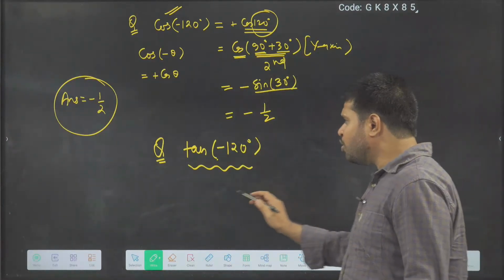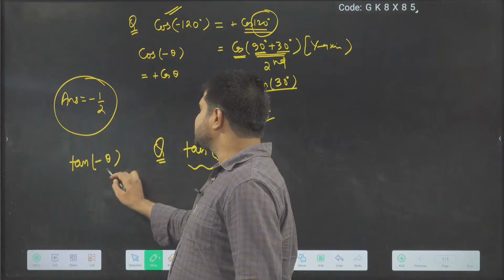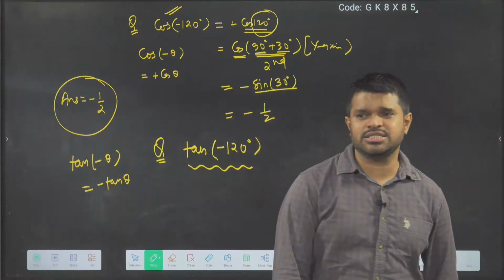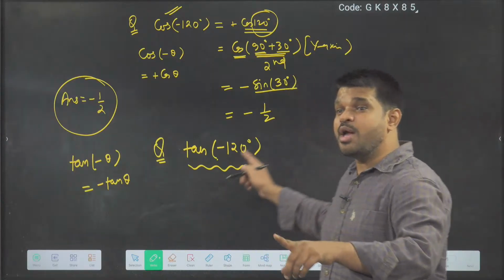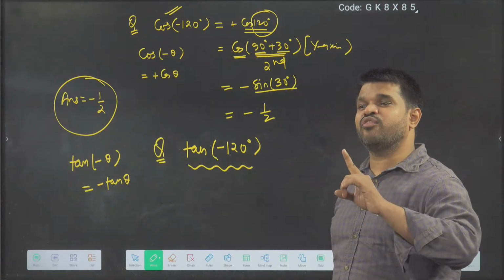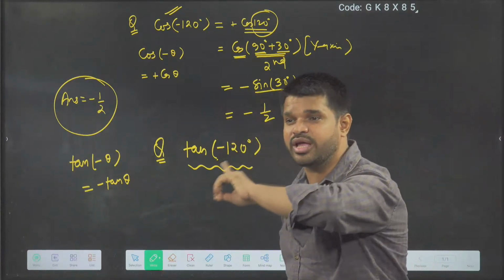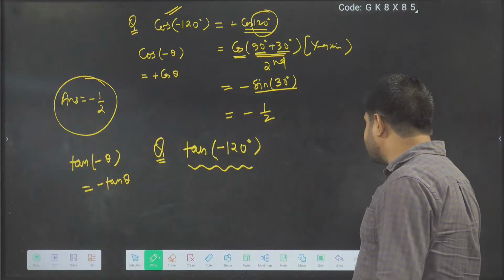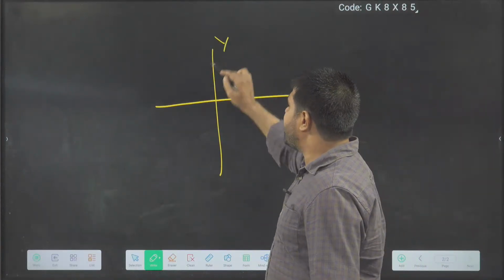First of all, remember tan of minus theta is minus tan theta. Before solving it, let me tell you the overall sign of the answer. Everyone look carefully. See, this is the x-axis, y-axis.